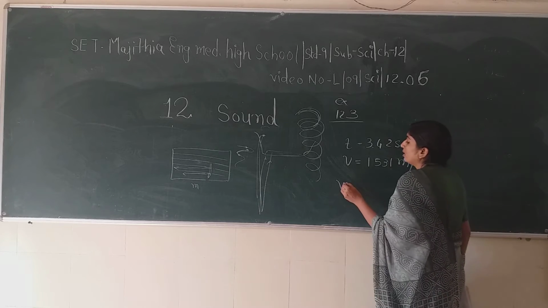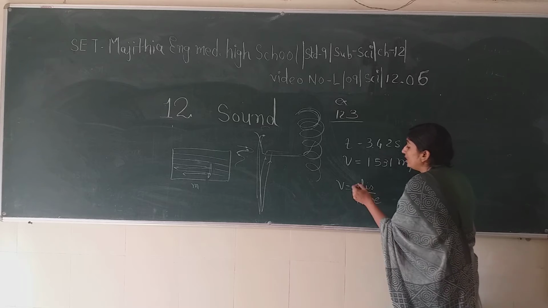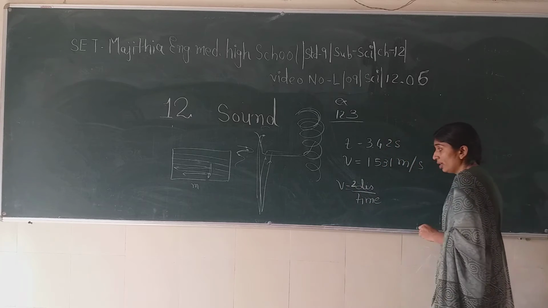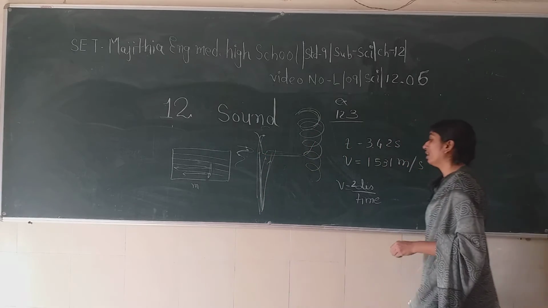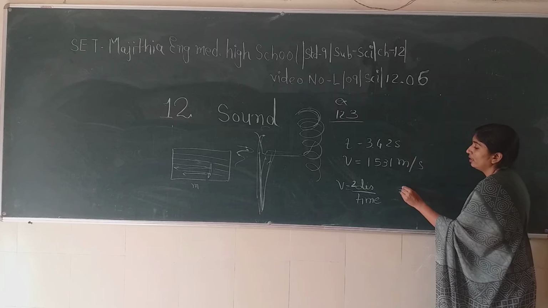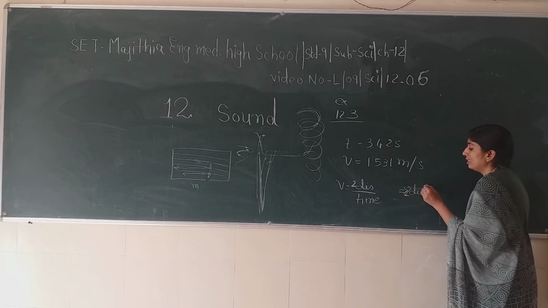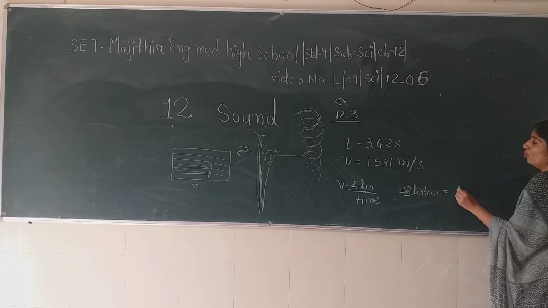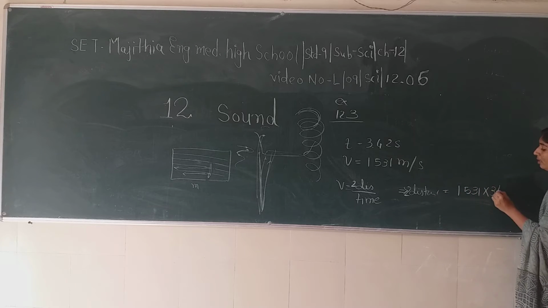So velocity is what? Distance divided by time. But this is 2 times the distance, okay? Because once it is going over there, then coming back. So velocity, therefore, 2 times distance would be equal to 1531 multiplied by time, 342 divided by 100, this many seconds.